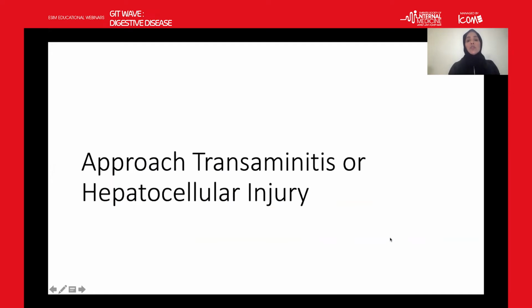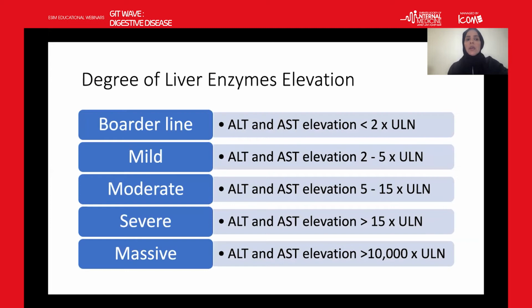So what is the approach for transaminitis or hepatocellular injury? Another approach you can use is the degree of the elevation. This is what we mainly use in hepatology when we look at the abnormality of liver enzymes and think about the likelihood of the etiology.